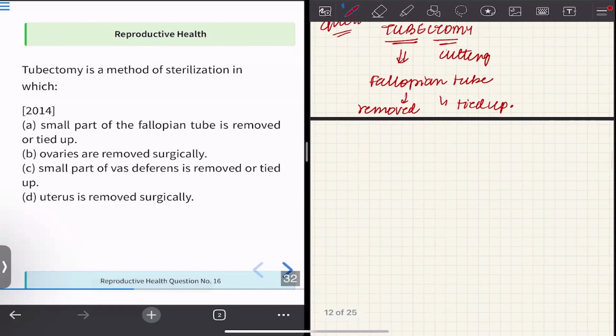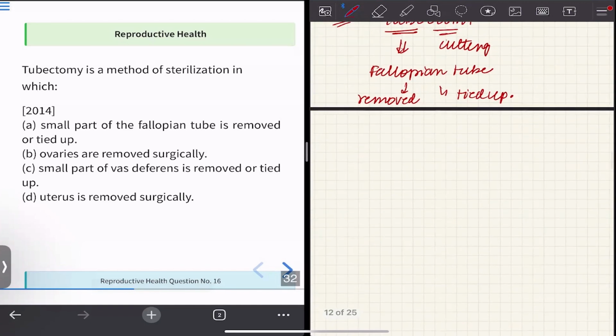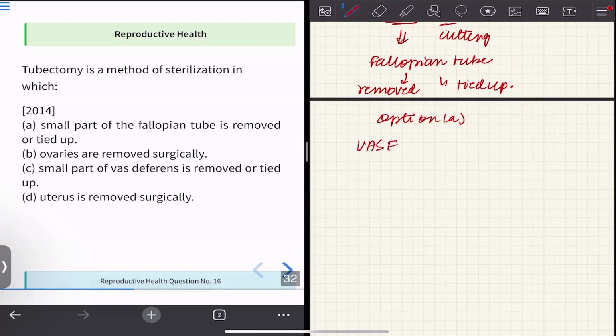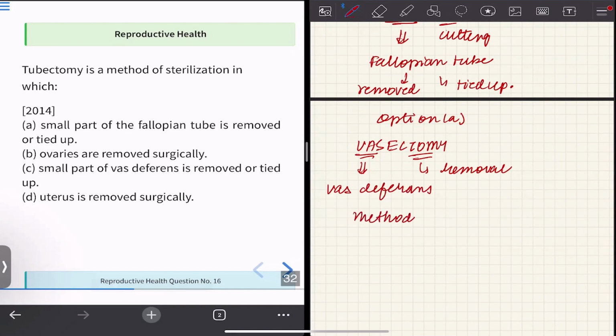We have another such term known as vasectomy. We'll just go by the name. Tomy means removal or incision, and vas deferens. It is a method of contraception in males, and it is a terminal method, like it is an irreversible method.